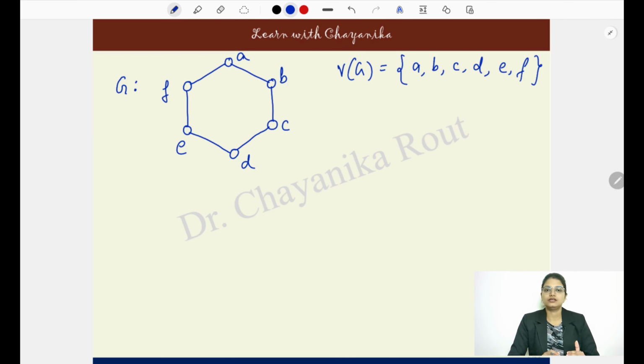Now what would be the suitable partition of this vertex set VG so that my condition of bipartite graph is satisfied? Now in the previous example, it was very easy to create the required partition. So we created the partition in the very beginning, but that is not in general what we do. We first try to redraw this given graph in the bipartite structure. Now if it falls into that bipartite structure, we will be getting the partite sets very easily and automatically.